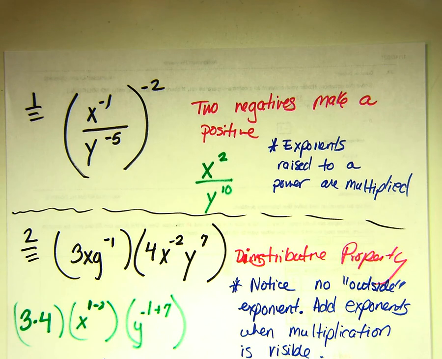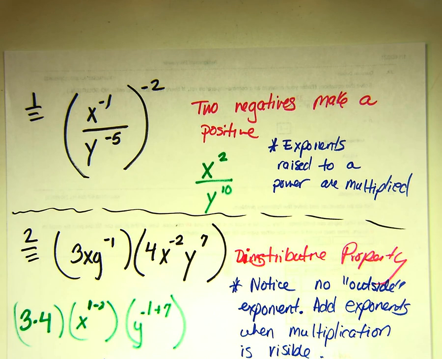Well, be mindful that we know that two negatives make a positive, and when you have exponents raised to a power, you are going to multiply. So you probably can't read that, but hopefully you can decipher it just a little bit. Exponents raised to a power are multiplied. So we know that negative 1 times negative 2 gives you positive 2, and negative 5 times negative 2 gives you positive 10. So your overall answer for this particular one is x squared over y to the 10th power.